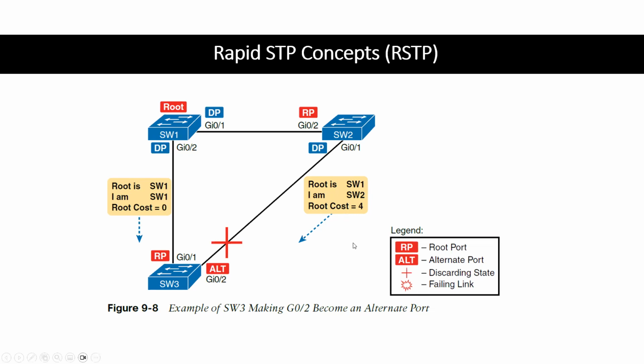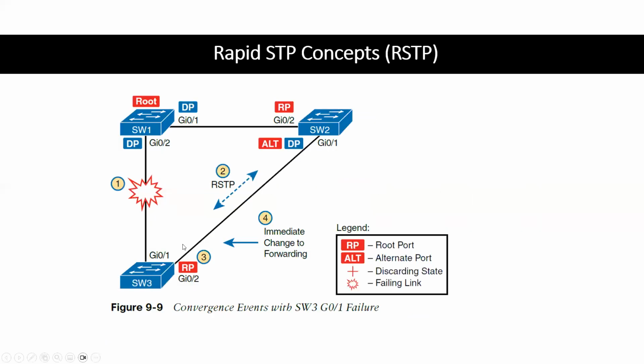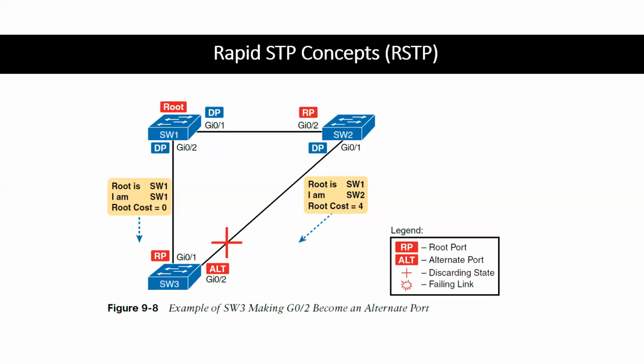So as you guys see, we have switch 3. The link between switch 1 and switch 3 fails. A rat ate the cable. So gigabit 0/1, which is switch 3's current root port, fails.